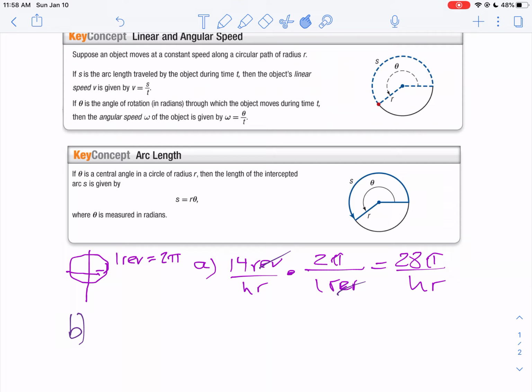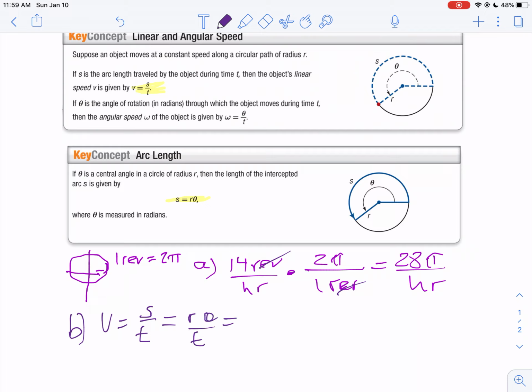We know that linear speed is s over t, arc length over time. But we know from arc length that s is r theta. So in other words, that's r theta over t.